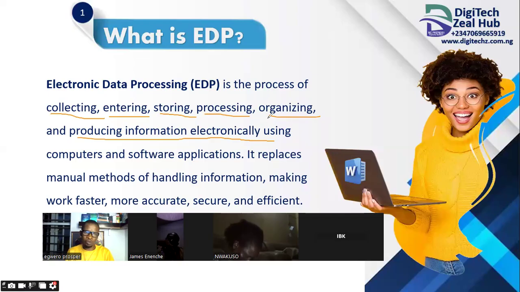Because that is actually what makes you a word processor, or that is what makes you a typist: your ability to transform. Let's take, for example, when you visit all these commercial business centers where they write letters for you, or CVs, or other office documents.